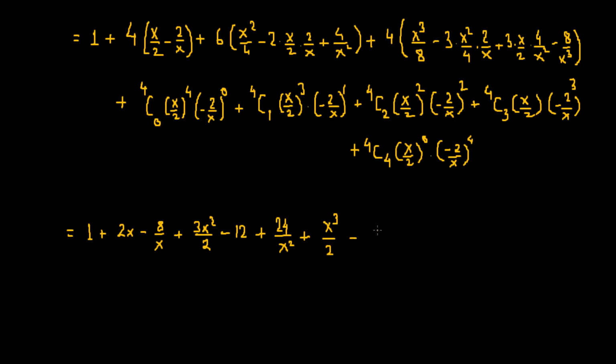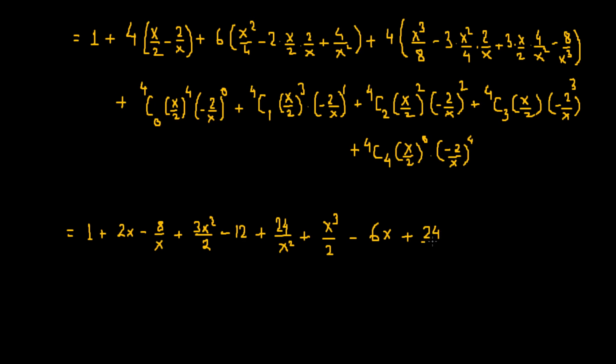minus, let's multiply, 4 times 3 is 12, 12 times 2 is 24, 24 over 4 it's 6, so this is 6, and we have x cubed over x, so one of the x's gets factored out, we are left with 6x, plus, so 4 times 3 is 12, 12 times 4 is 48, 48 over 2 is 24.